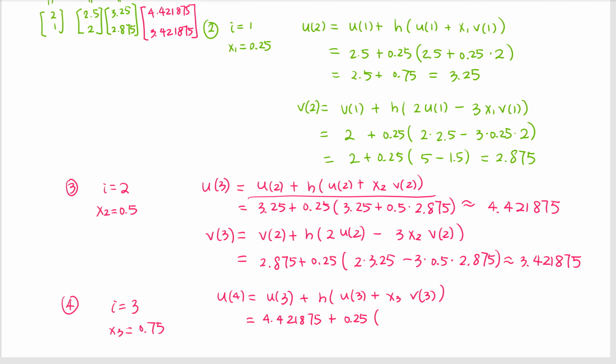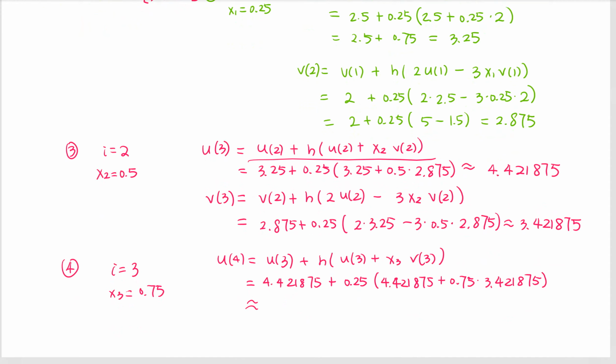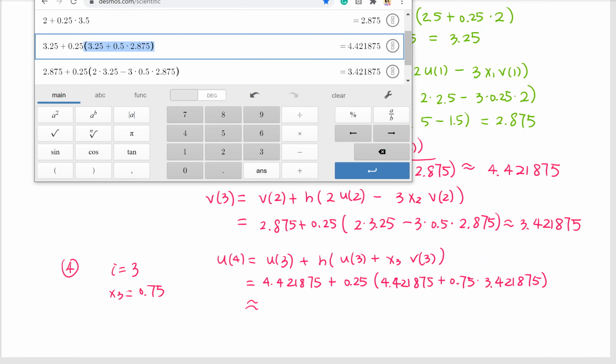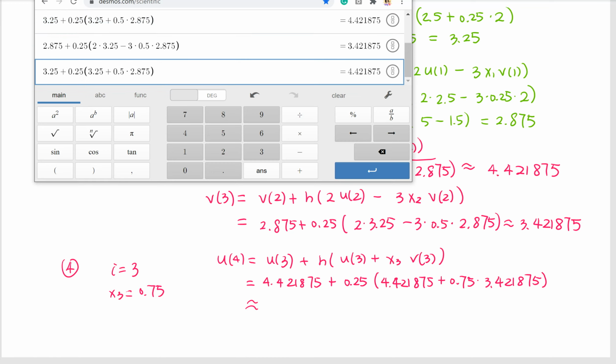Okay, and u3 4.421875, x3 0.75, v3 3.421875. And what do we get? Let's see here. Okay, so I want to use this equation, copy here, and then copy this guy, replace it here.